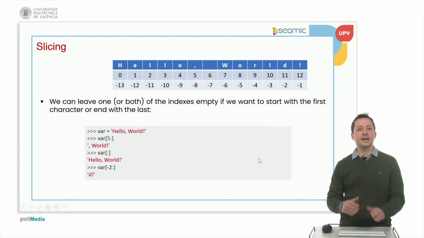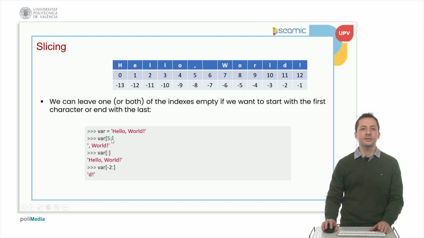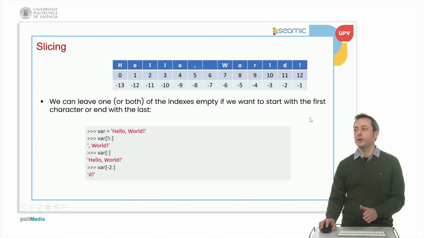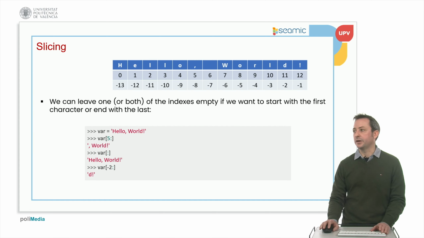In addition, the slicing operator can be used by omitting the left or the right part of the code. In this case, if we put 5, colon, and nothing, this will show the result from position 5 until the end of the string. And in a similar way, we can omit the very beginning of the string.